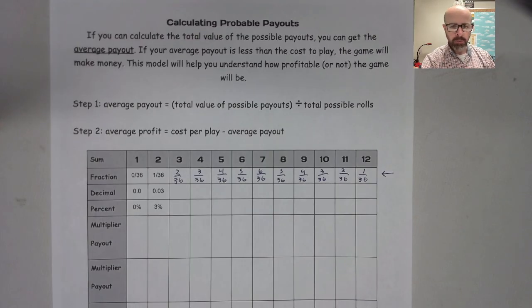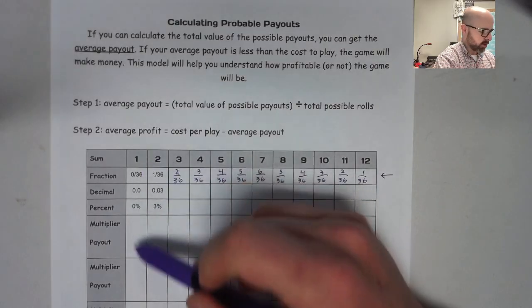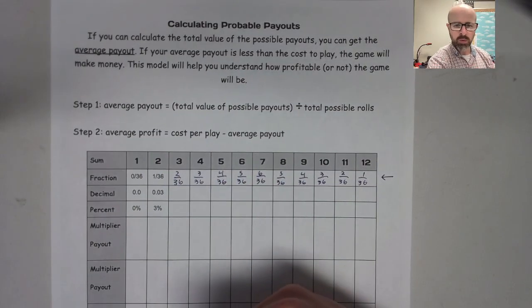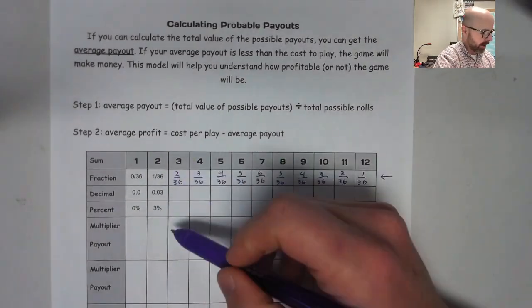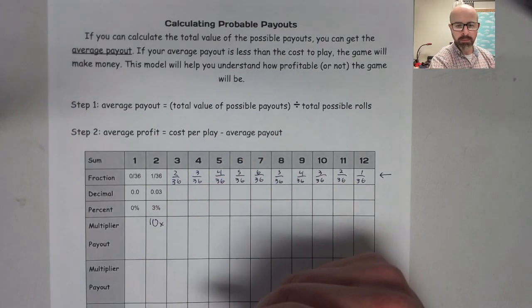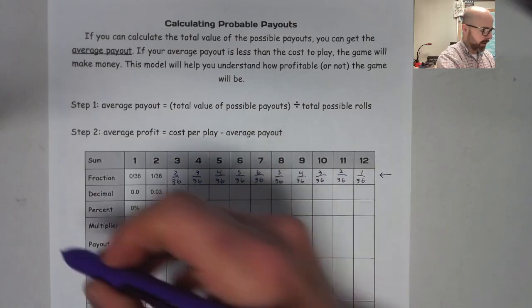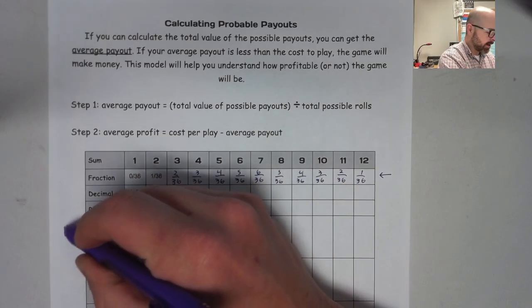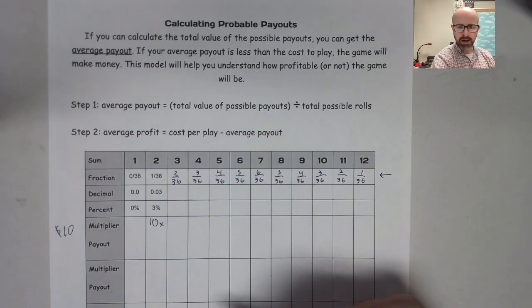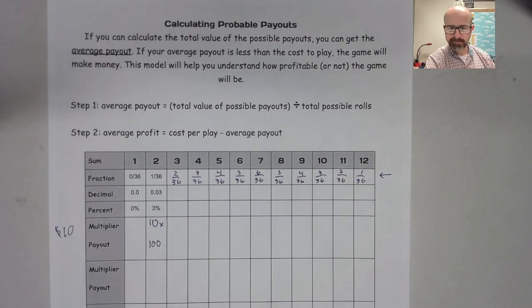So for example, I could say if I roll a 2, remember I can just ignore the 1 column because we're with 2 dice, we're never going to roll a 1. If I roll a 2, I get 10 times back what I put in. So if I put in $10, my payout then would be 100.